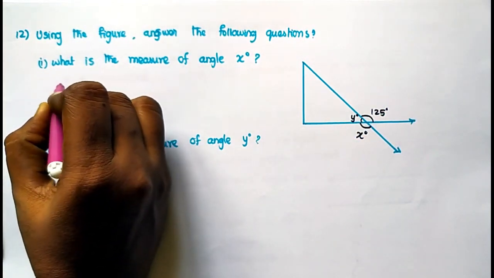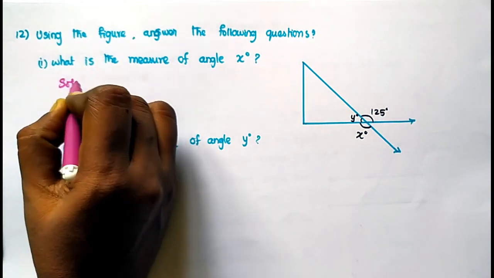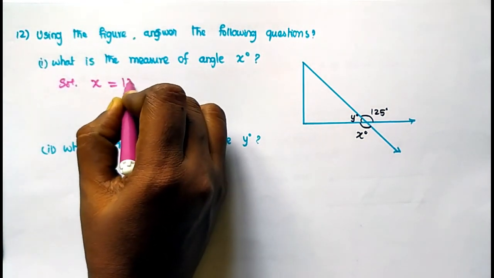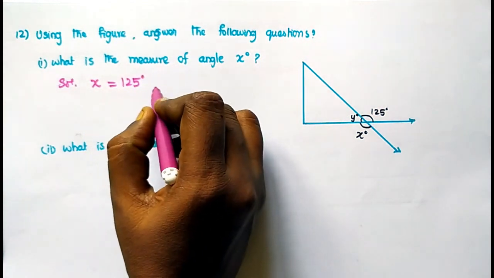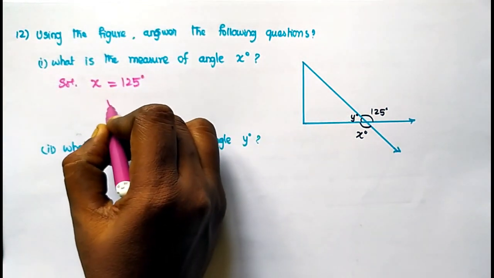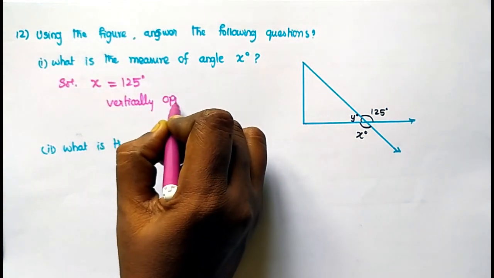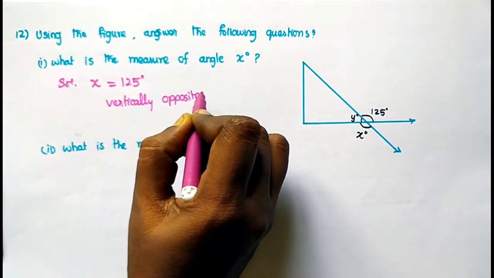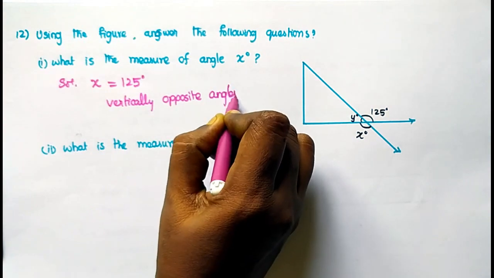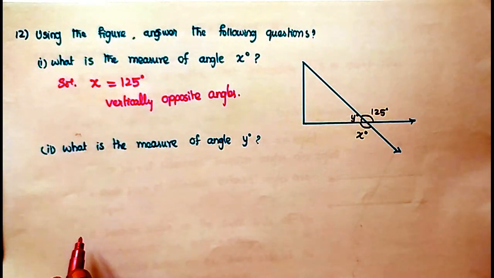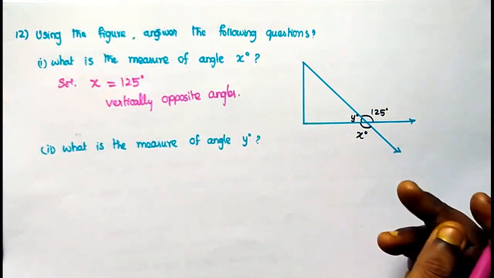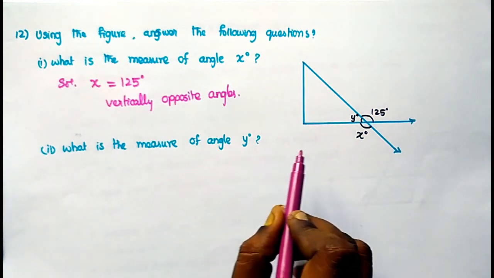So first answer, x equal to 125 degree, since vertically opposite angles are equal.